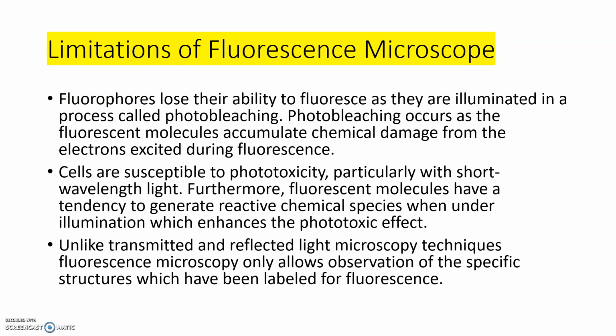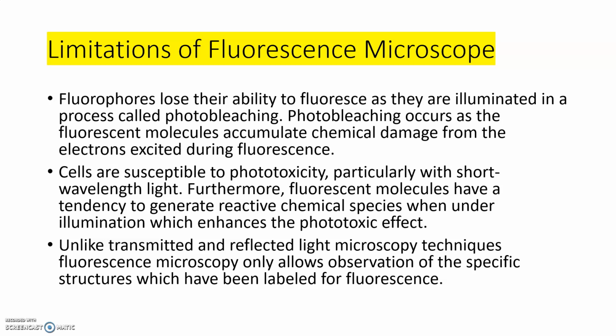So what about the limitations of the fluorescent microscope? The fluorophores lose their ability to fluoresce as they are illuminated, in a process called photobleaching. This photobleaching occurs as the fluorescent molecules accumulate chemical damage from the electrons.